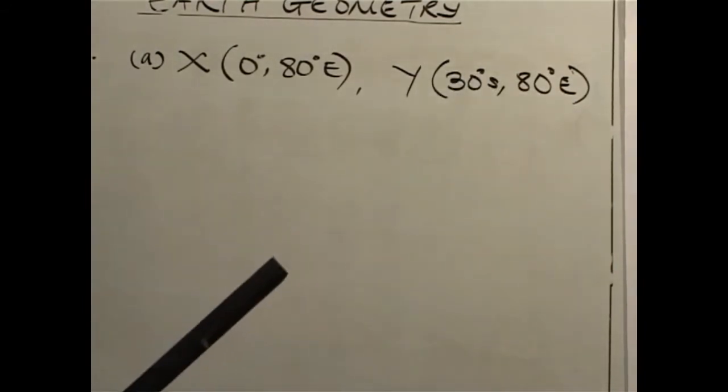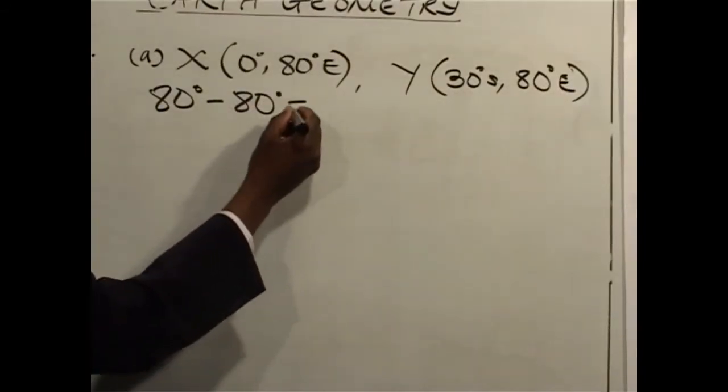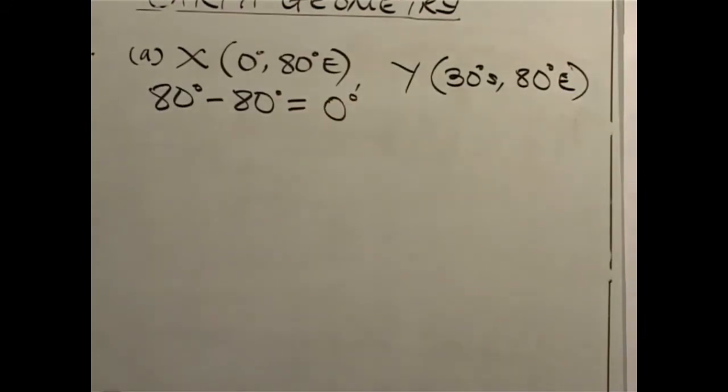So we'll say that the difference between 80 degrees east and 80 degrees east, this is now what we get. 80 degrees minus 80 degrees, we get 0 degrees.